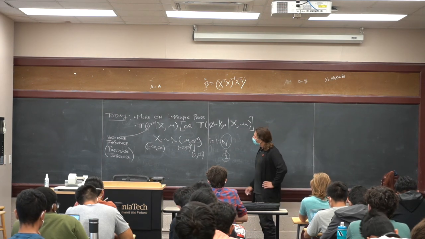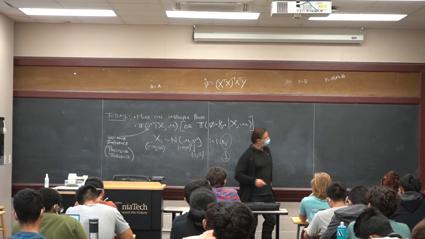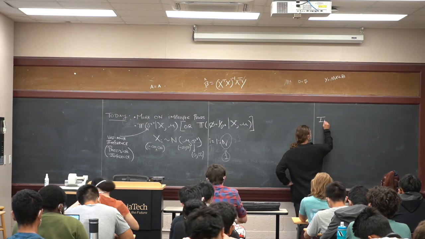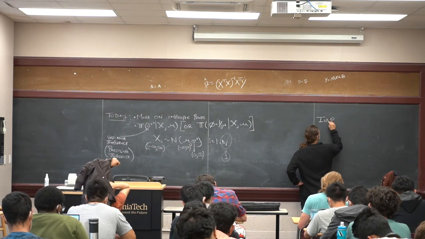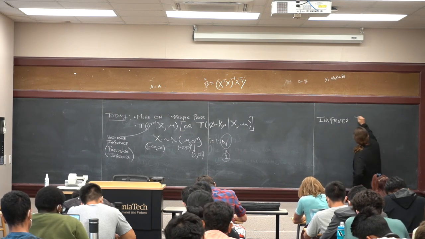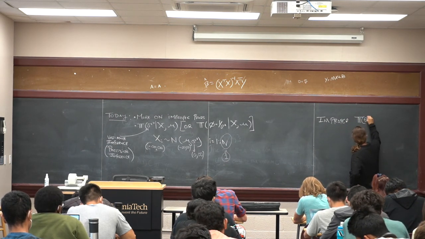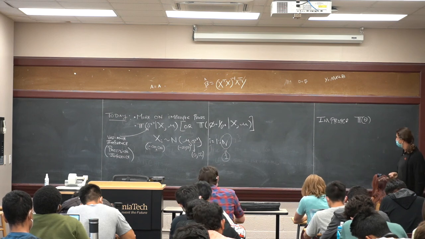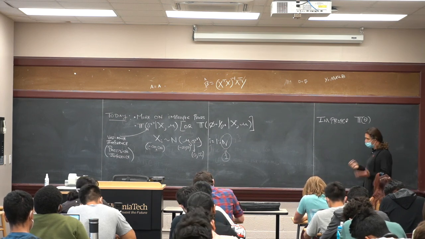Okay, so I want to say a little bit more about improper priors. So in an improper prior, I'll say pi theta, just to be arbitrary. Let's just imagine it's a density function. Theta lives somewhere.